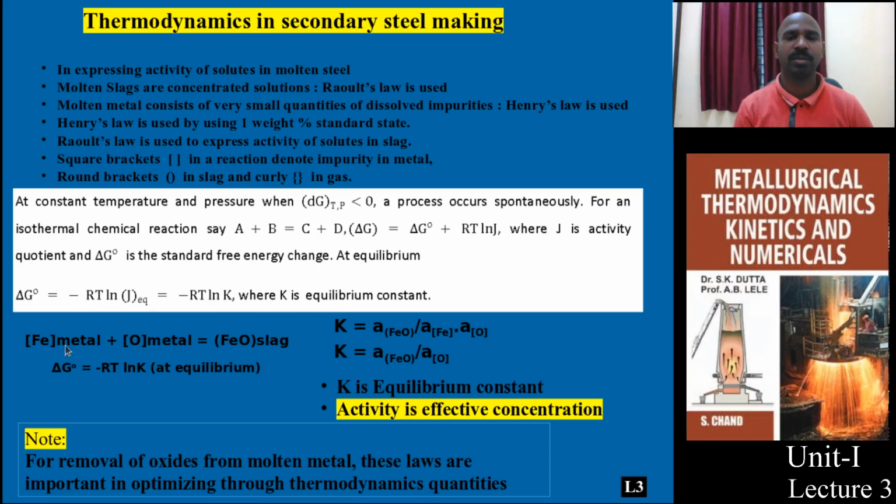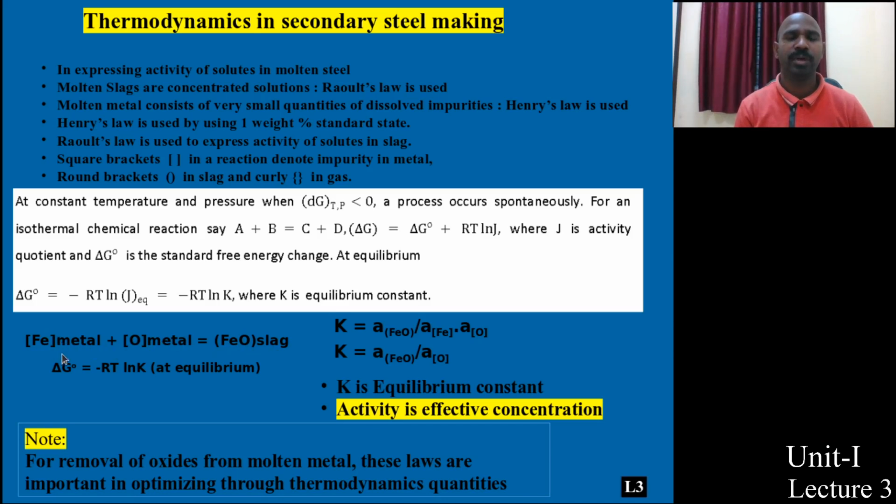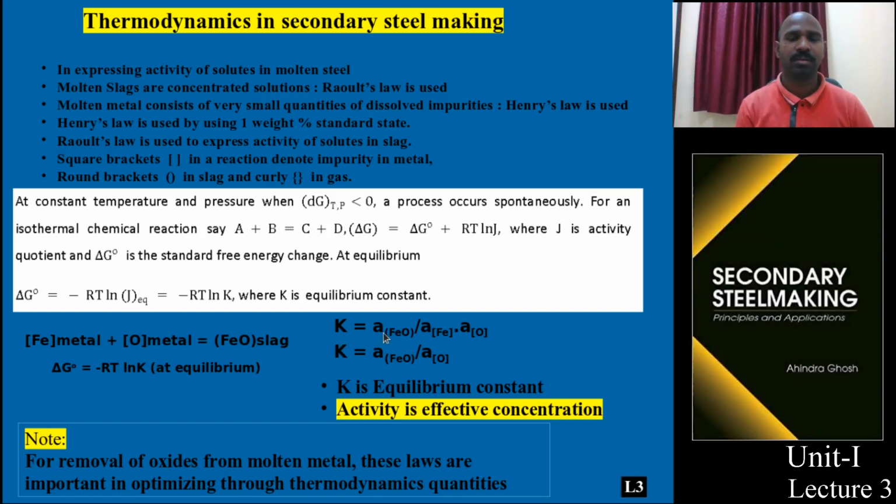For example, if the equation has FeO as slag, and impurity dissolved in molten metal, oxygen and iron, you can calculate the equilibrium constant, the activity of the FeO product by the activities of the reactants.